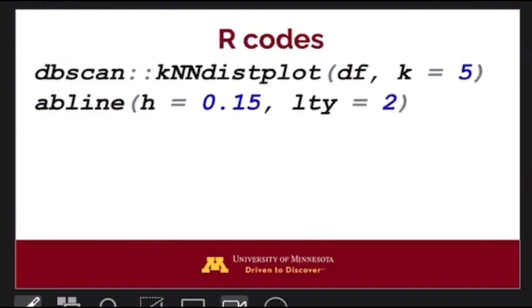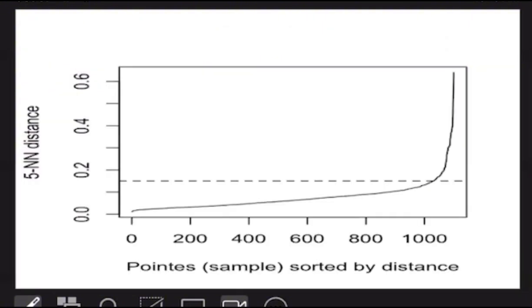What is the R code for this? Please, I need you to pay attention. It is dbscan::kNNdistplot(df, k = 5), where df is your data. By the time you do that, you're actually going to have this. This is going to give you a reasonable value, which means that from the data set, you are not the one who will decide the minimum distance.